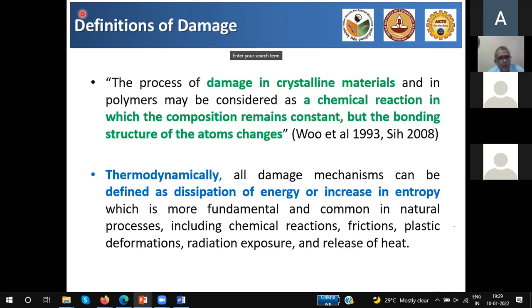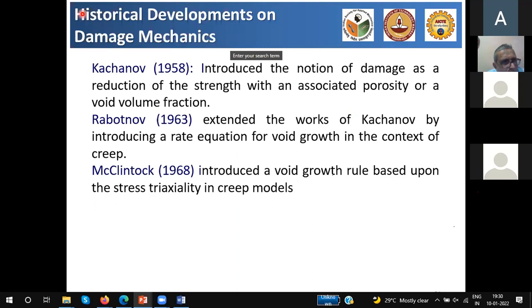And when you come to the thermodynamic definition of damage, they are talking about something called a loss of energy, loss of elastic energy, or loss of some energy that is resulting because of various things that you do to it. And dissipation is defined as a dissipation of energy, or energy in different forms, and they bring in the concept of entropy, which keeps increasing with time. So these are the different concepts of damage that you see in the literature at different times.